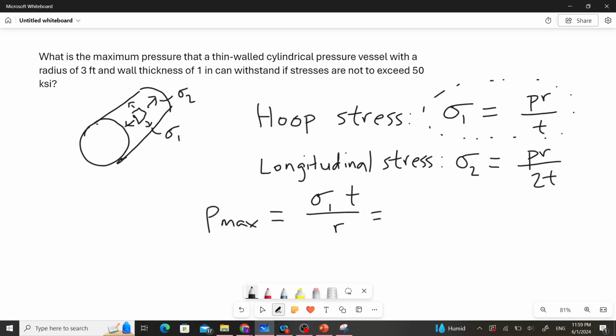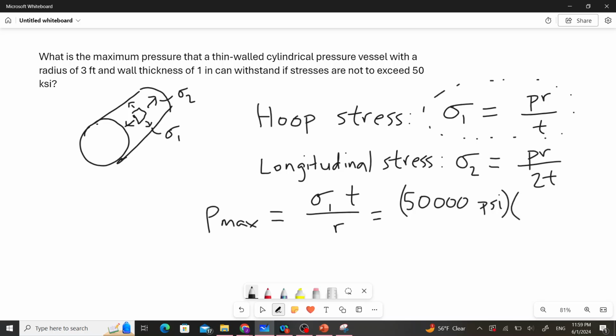So the maximum sigma 1 that we're allowed to have is 50 ksi. I'm going to write it in PSI just to have consistent units, PSI being pounds per square inch. So 50 ksi is 50,000 pounds per square inch. So actually I'll just write 50,000 instead of writing scientific notation. 50,000 PSI.